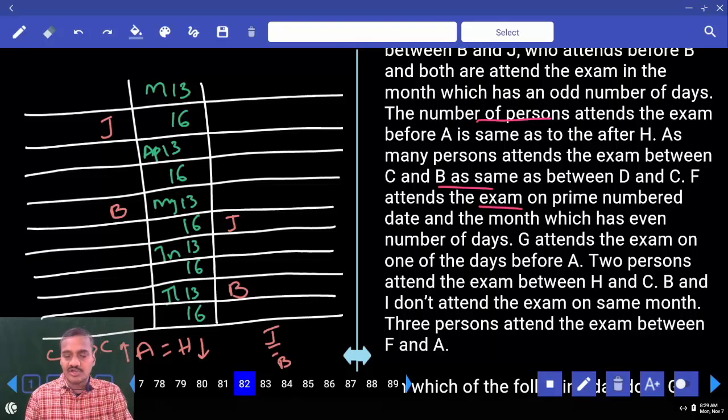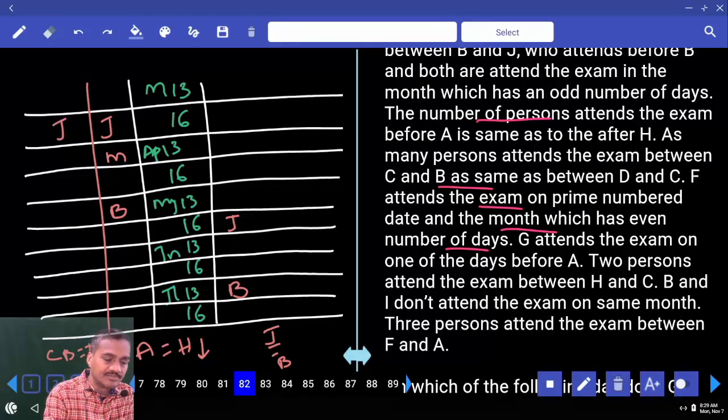F attends the exam on a prime number date. That means F must be on 13th, and in a month which has even number days. Even number days on 13th. May cannot be here, hence F attends the exam either on April 13 or June 13.